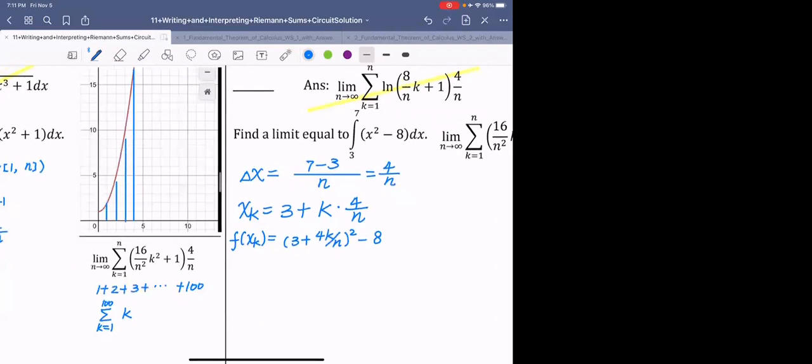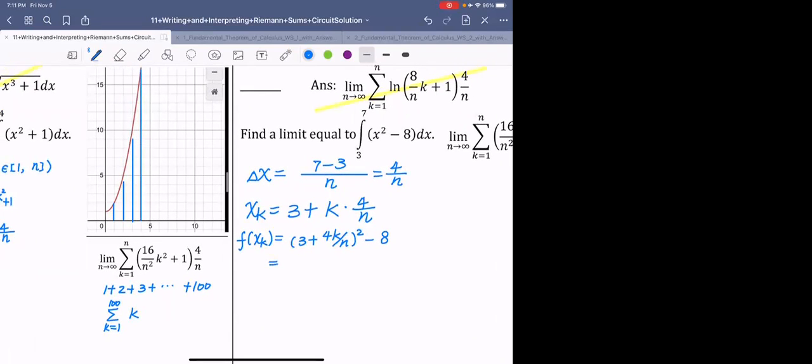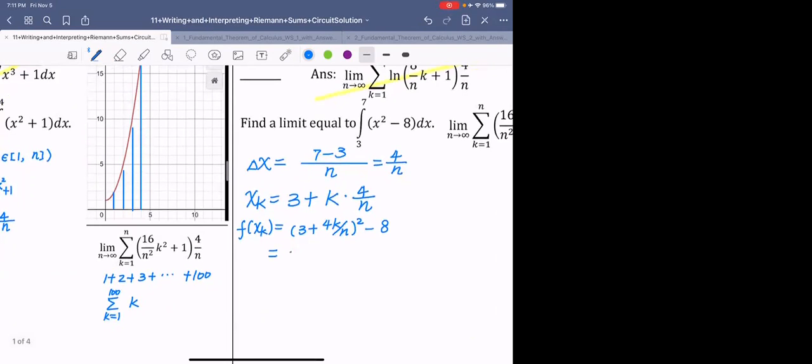Now let's use completing the square. 3 squared is 9, plus 24 over n times k, plus 16 over n squared times k squared, and then minus 8 at the end.